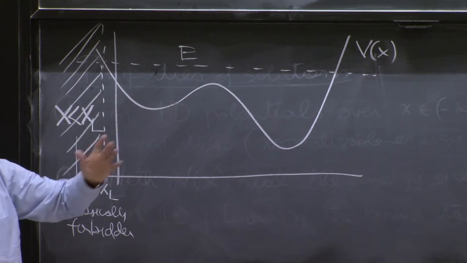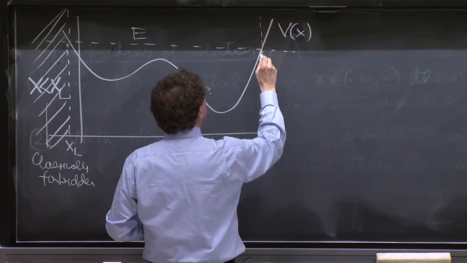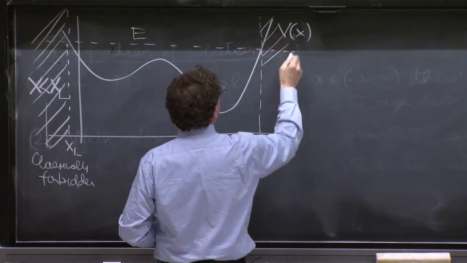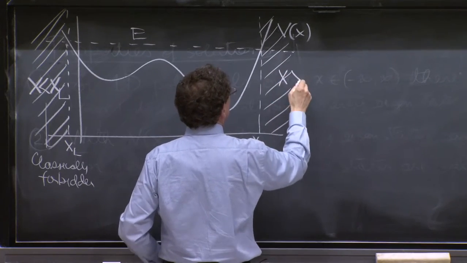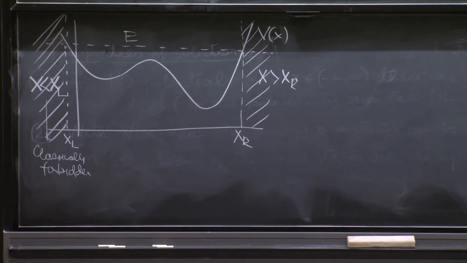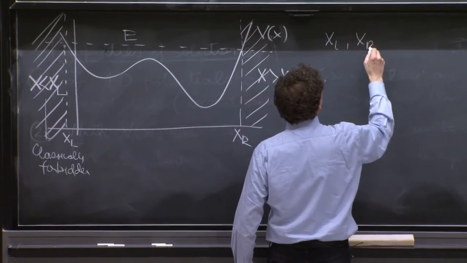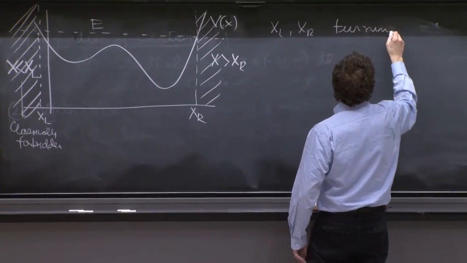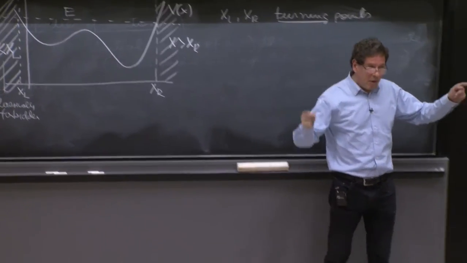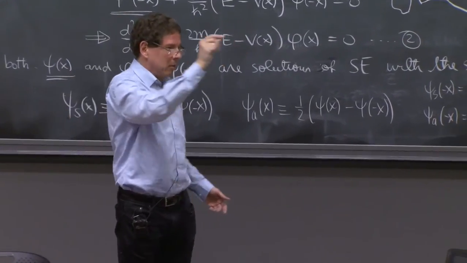Similarly, on the right, you cannot go beyond here because then you would have negative kinetic energy. So this is x right, and everything to the right of x right, x greater than x right, is also classically forbidden. These points x left and x right are called turning points, because those are the points where a classical particle that lives in this potential has to bounce back and turn.